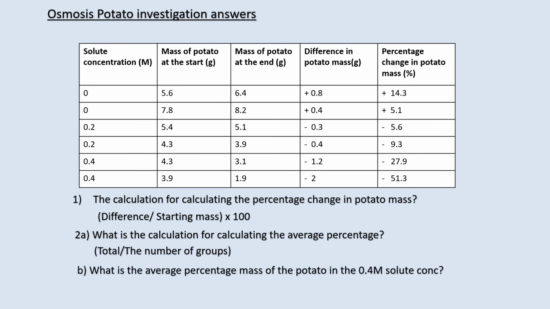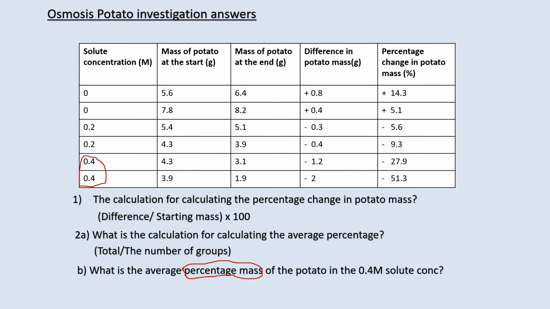The next question is, what is the average percentage change in mass of the potato in the 0.4 molar solution? So we need to find out where our 0.4 molar solutions are, which is here and here. And then we need to add the percentage change in mass, because that's what it's asking, the average percentage change in mass of the potato.